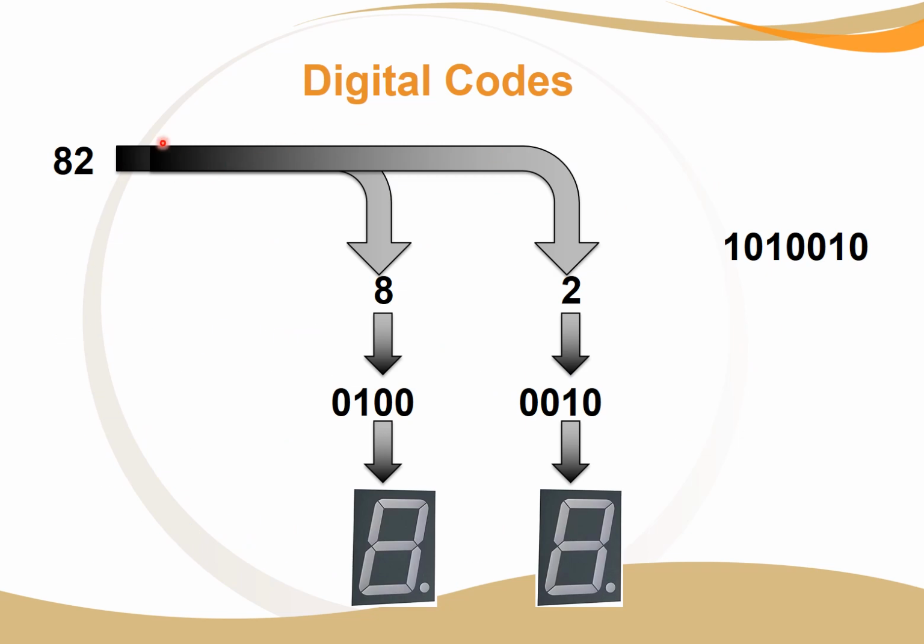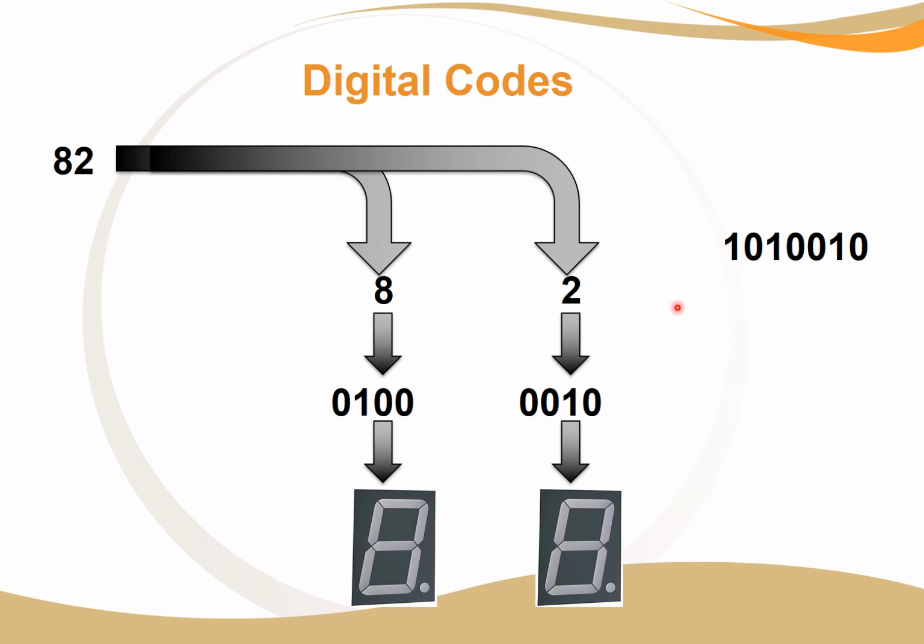So here we have the number 82, we break it up into 8 and 2, and then 8 and 2 we break up into their binary equivalents, and that is easy to display. And then the number 2 is also very easy to display on one 7-segment display.